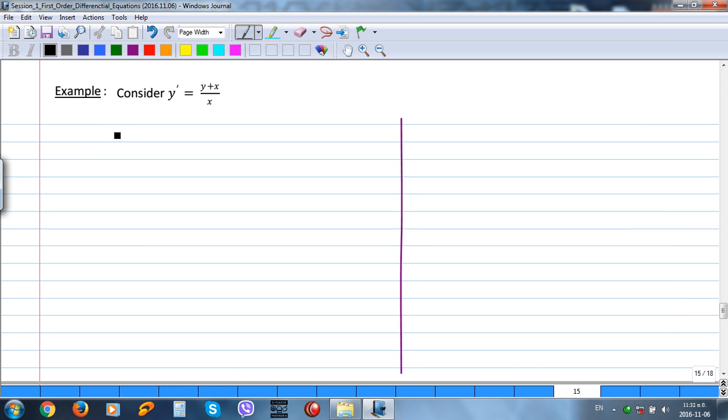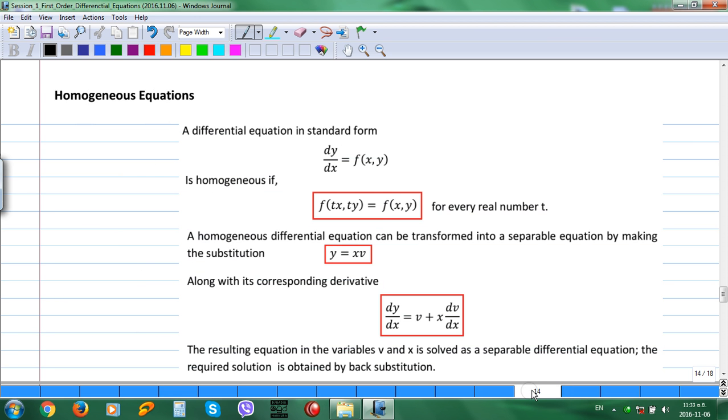y' = (y + x) / x. So y' we can write in the standard form, f(x,y) = (y + x) / x. To check whether it is a homogeneous equation or not, we have to substitute tx and ty, where t is a real number.